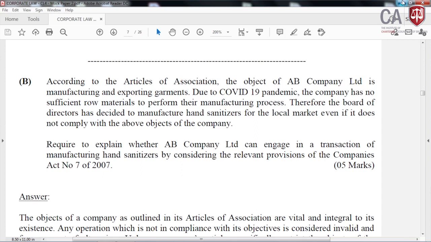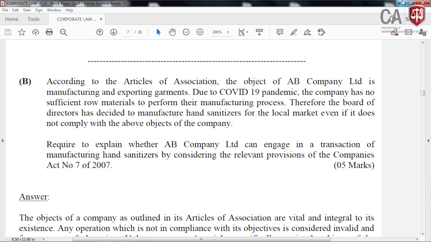But due to the COVID-19 pandemic, the company has no sufficient raw materials to perform their manufacturing process. Even right now, we are in the middle of this COVID-19 pandemic, and we know numerous businesses have faced numerous issues in engaging in the normal activities of their business processes.